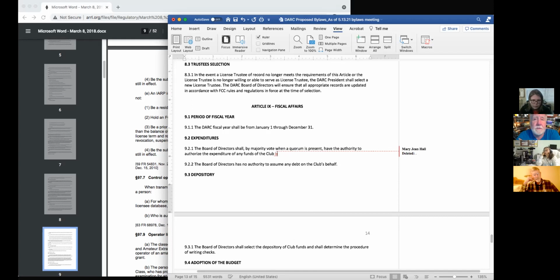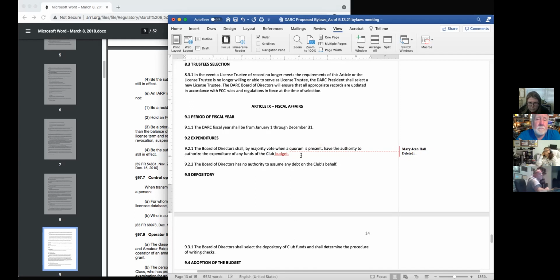I understand, yeah, the budget's just a wish list until you have the authority to spend it. But this is any funds of the club. What if we clarified it somehow and said according to the club budget? That way it's any funds within the fiscal year budget.